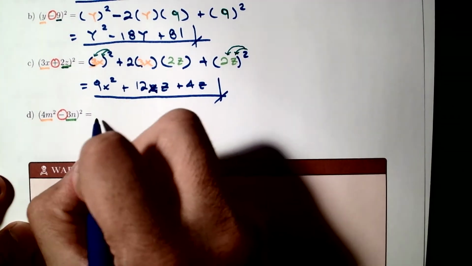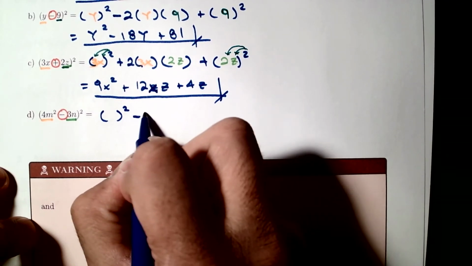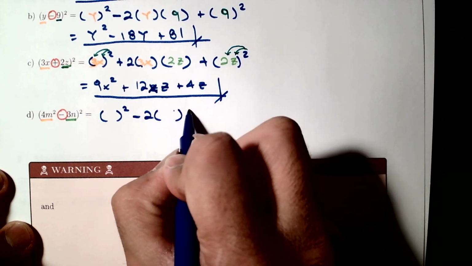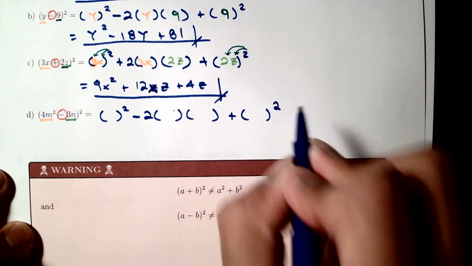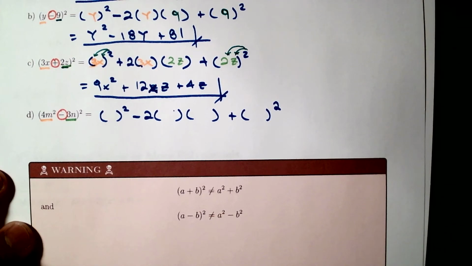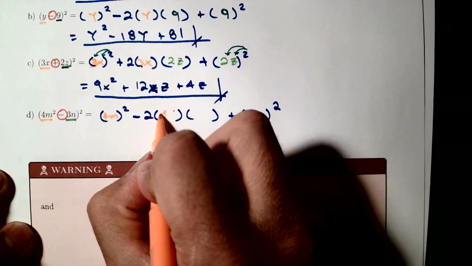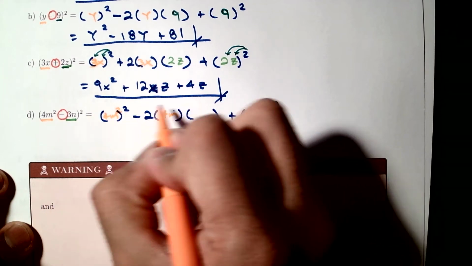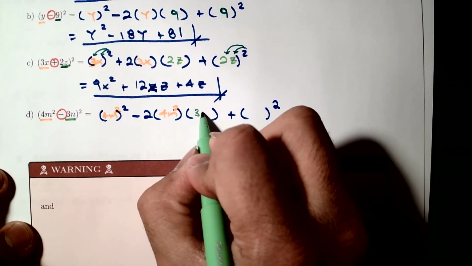This will be quantity squared minus, because of the negative sign, 2 times quantity, for m squared, and then 3n.